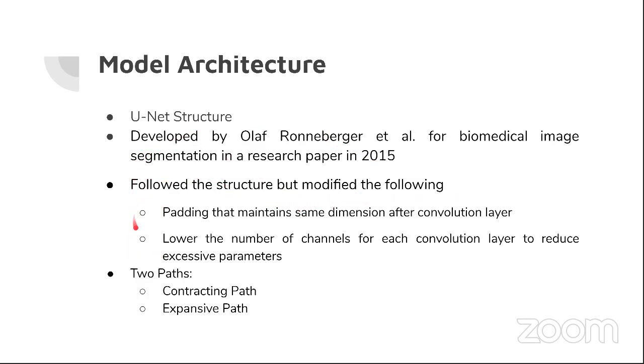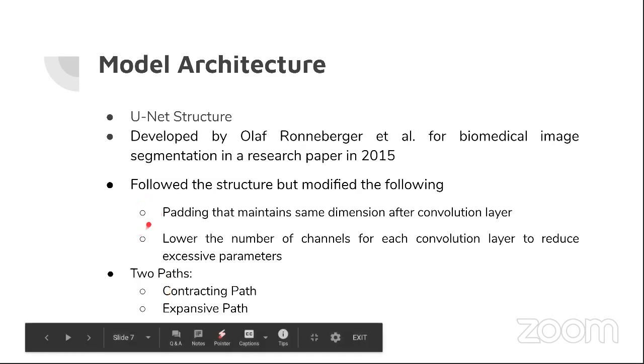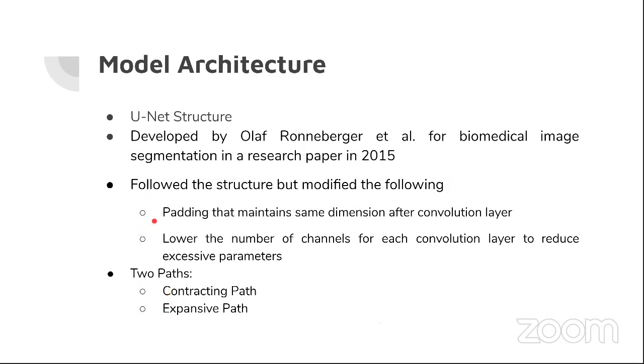And here are some of the changes that we made. One is that we made the padding consistent, so basically the dimension needs to be consistent even after processing through the convolution layer.